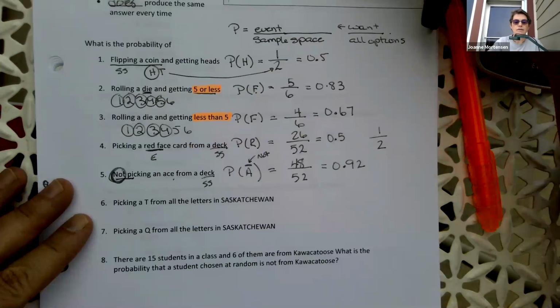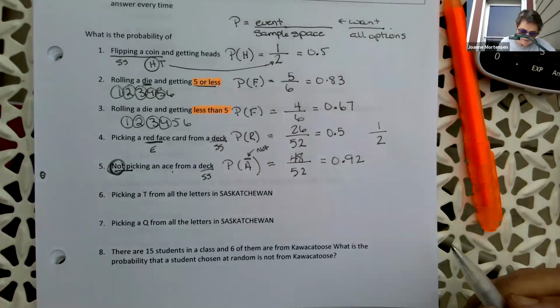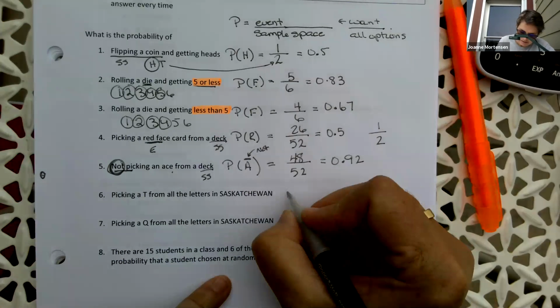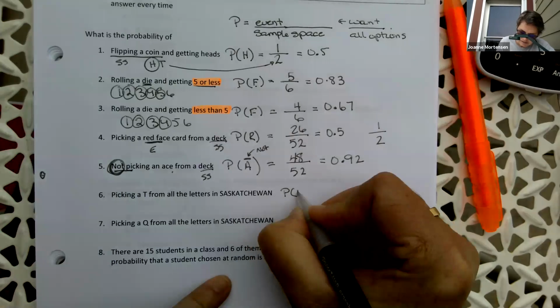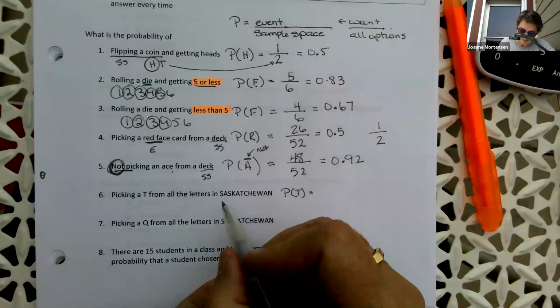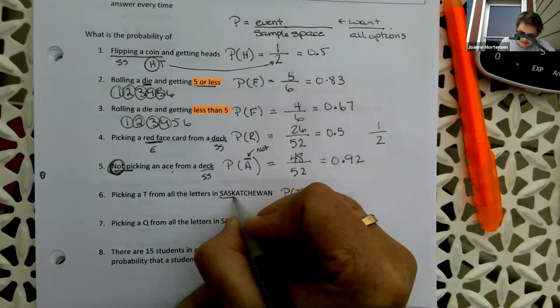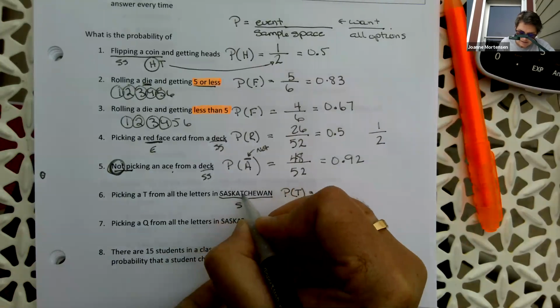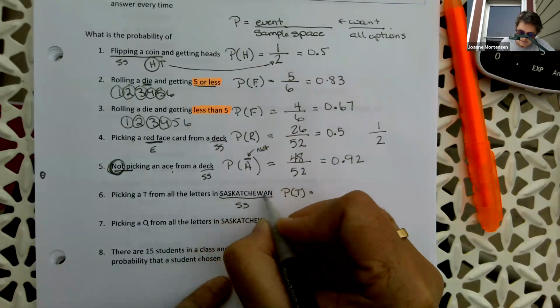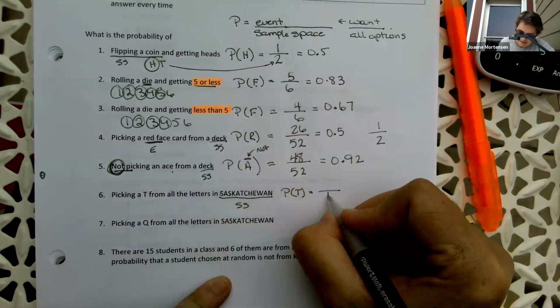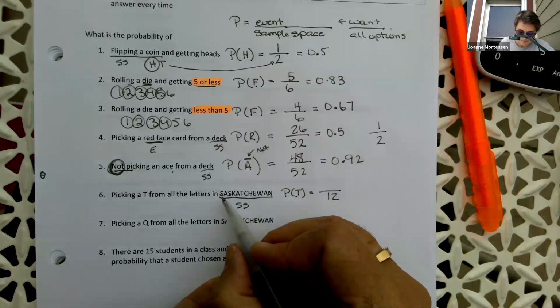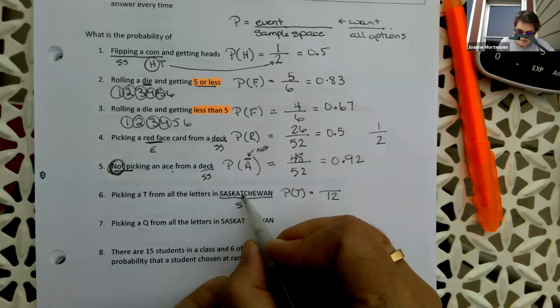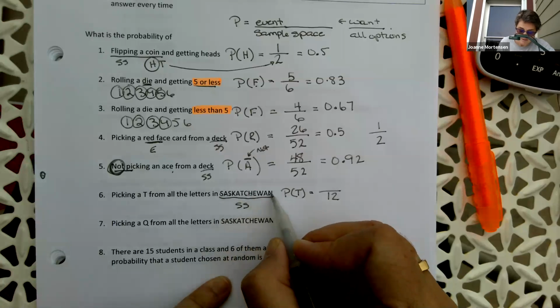Move my questions up here. Picking a T from all the letters in Saskatchewan. So my sample space is going to be this. I go 1, 2, 3. There's 12 letters. I don't want to screw up, so double check.